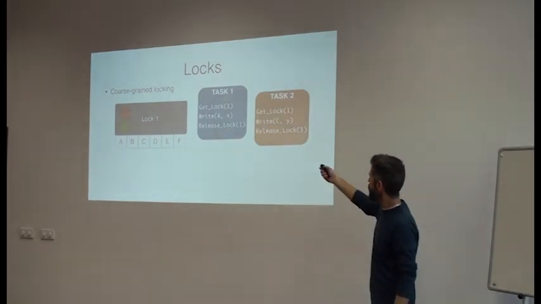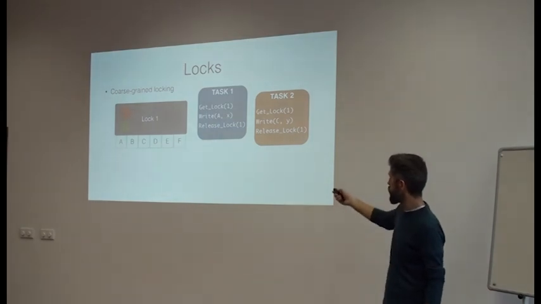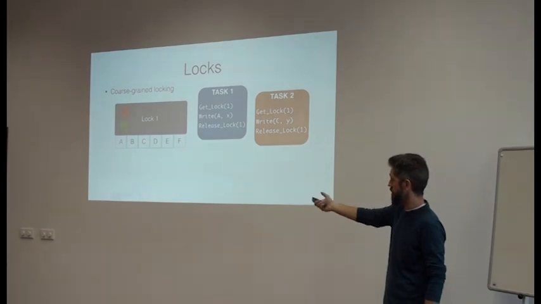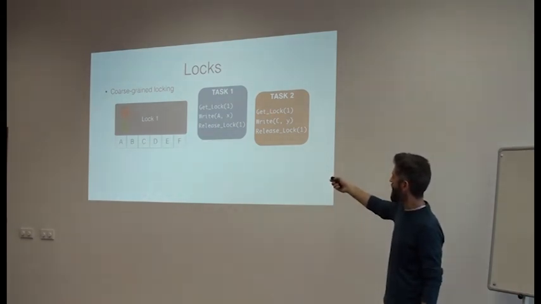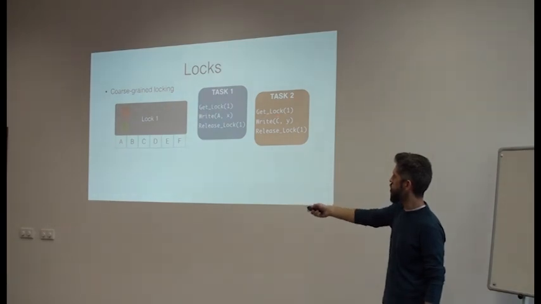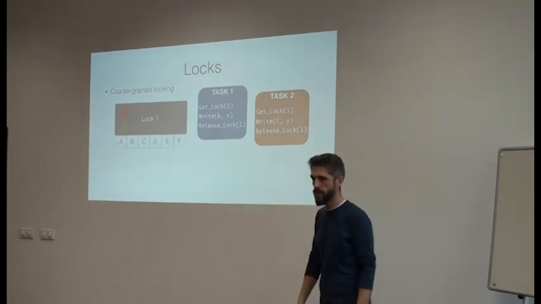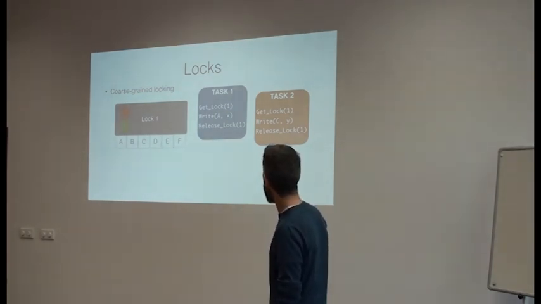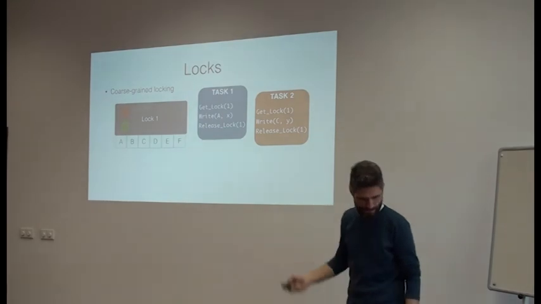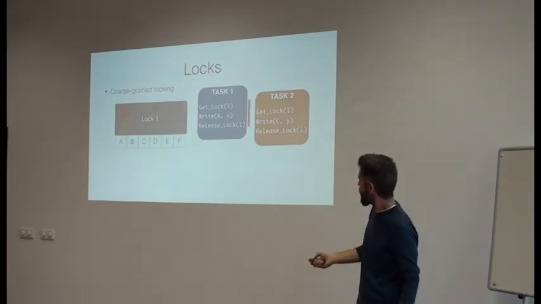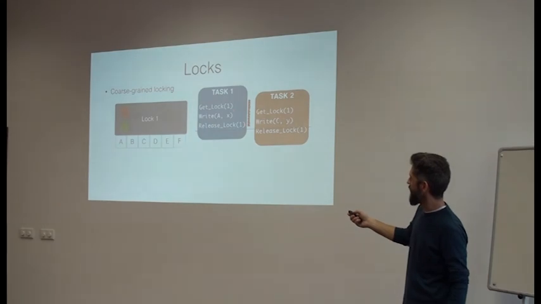We have here a second task, task 2, that requires to write on object C, and it must get the ownership of the same lock. So, although they are accessing different memory locations, they have a problem: they are acquiring the same lock.